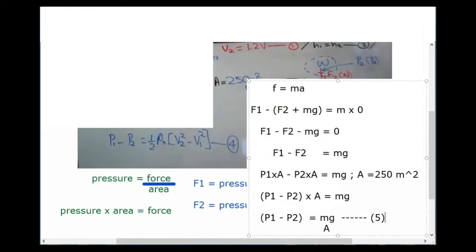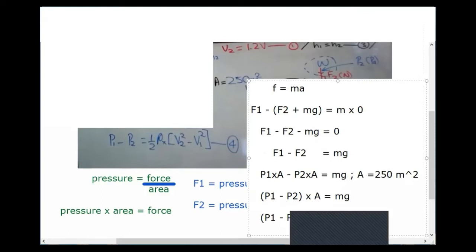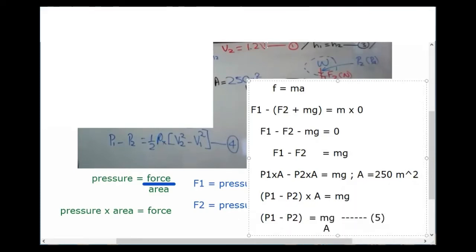It's still on the board. V2 equals 1.2 times V1. Am I right, dear? What is V2, dear?